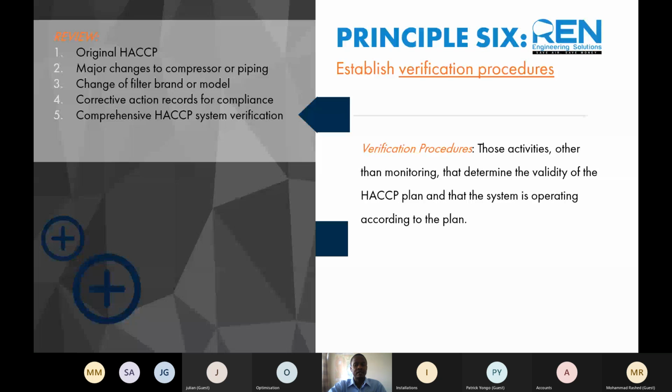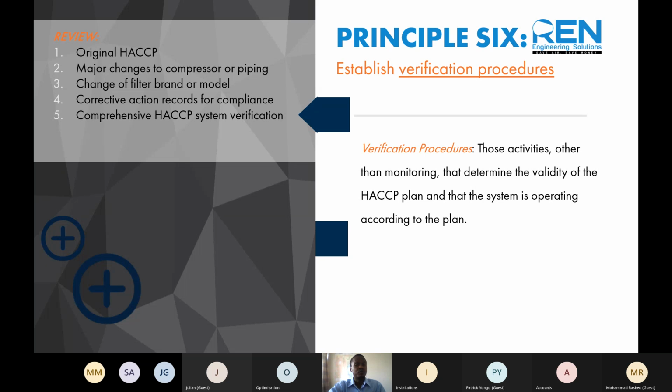So it's recommended that you review the original hazard control critical point plan. It's also recommended that you review this plan every time there are major changes to the compressor or the piping, every time there is a change in the filter brand or model.